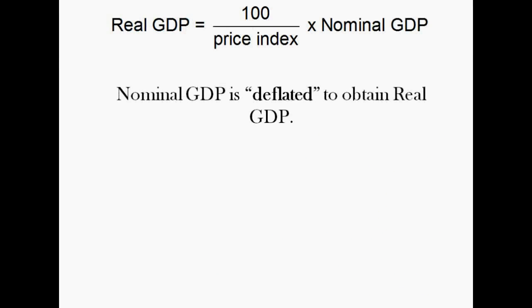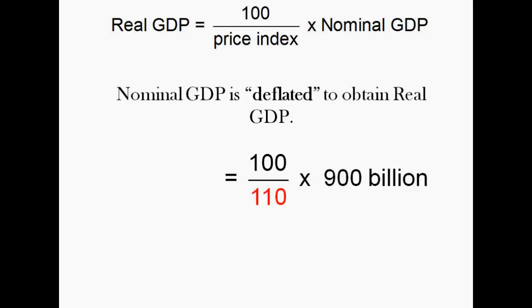Let's do a little calculation. Let's say the nominal GDP is $900 billion. The price index is set at 100 in 2005, say. And let's say by 2013, the price index is now 110.